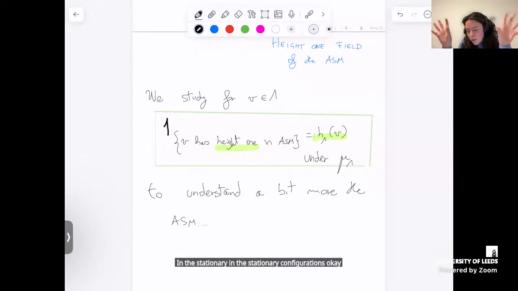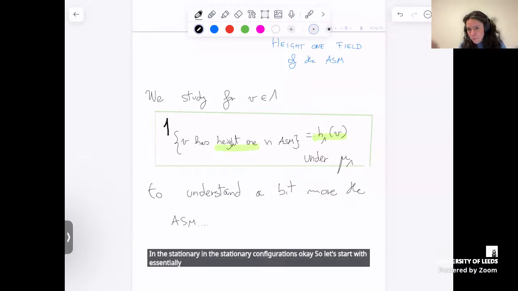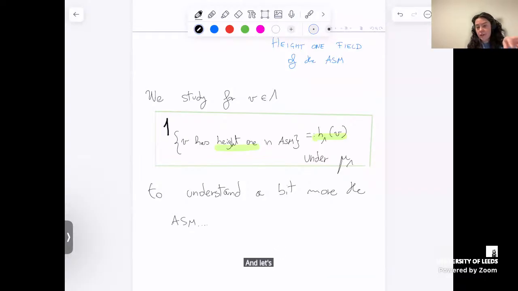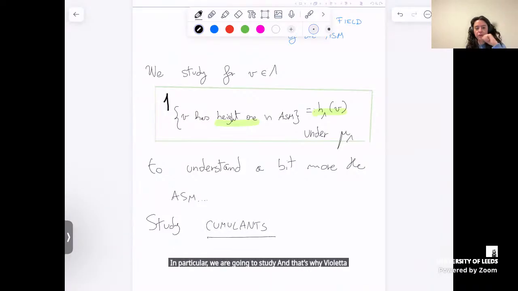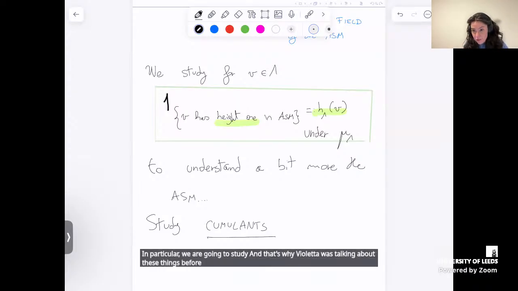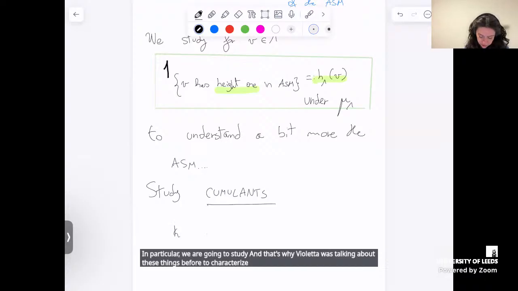So let's start with essentially the first number that we can get in an ASM configuration, number 1. And let's try to see whether we can characterize where those ones are. In particular, to characterize these random variables, we are going to study their cumulants.